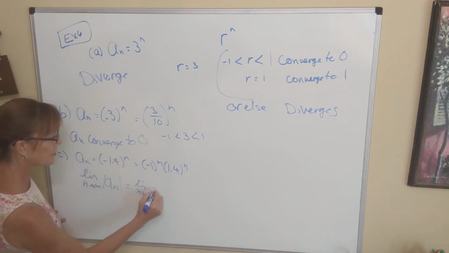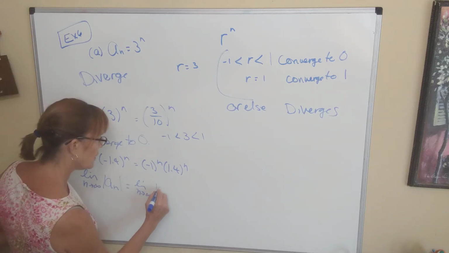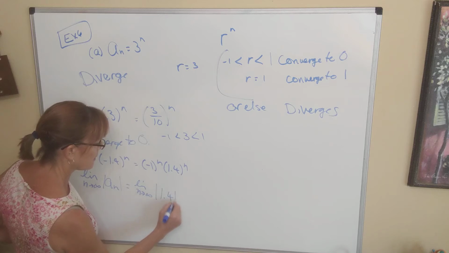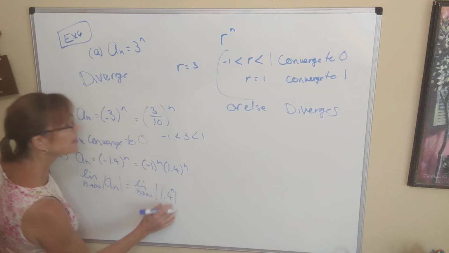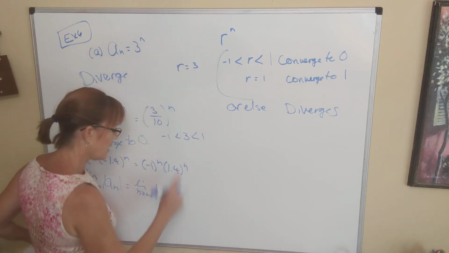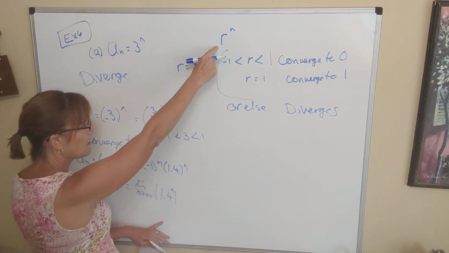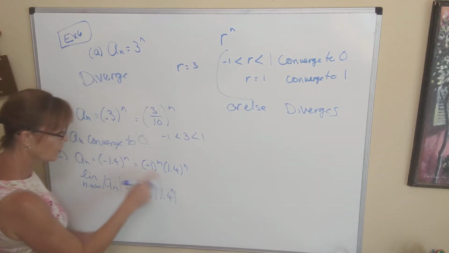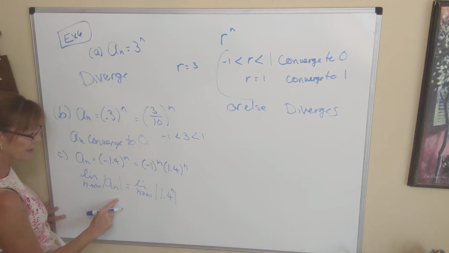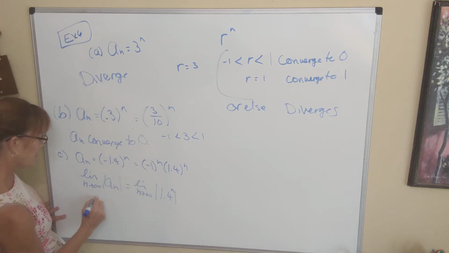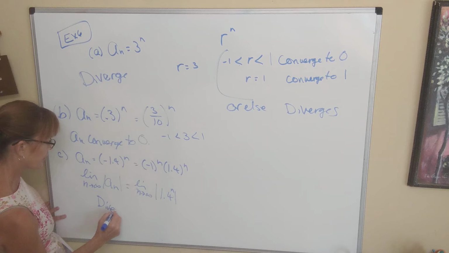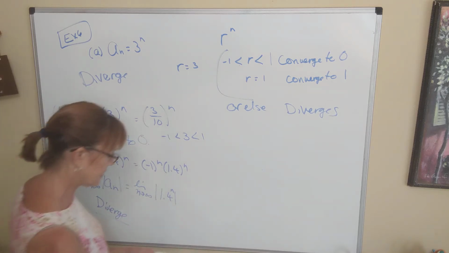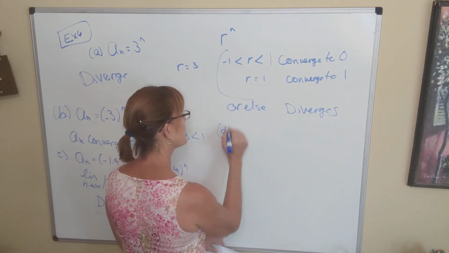Well, we knock that part off, so we're considering just 1.4 to the n, right? But this is an r to the n sequence. And so we know if r is not between -1 and 1, and it's not, that this will diverge. So the absolute value of a sub n will diverge, so a sub n is going to diverge.